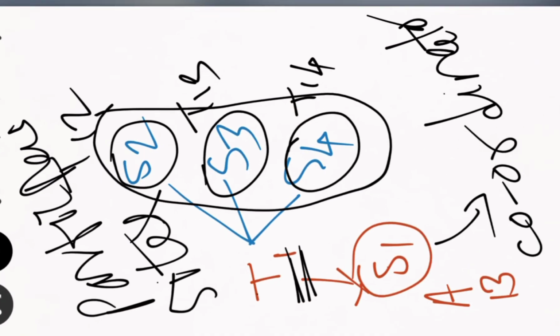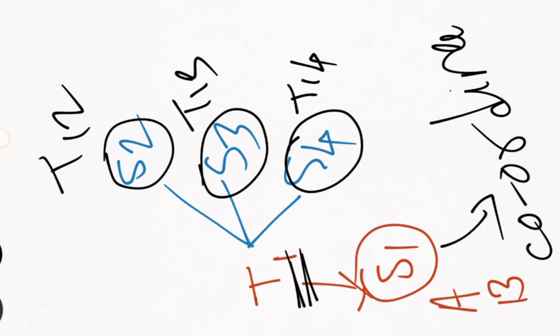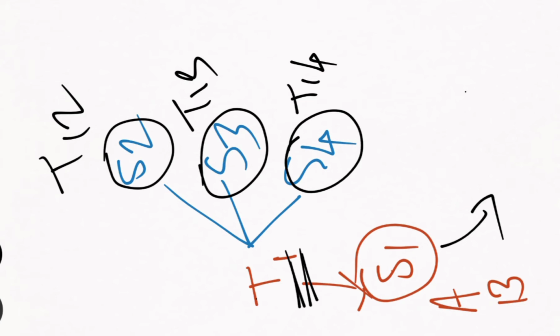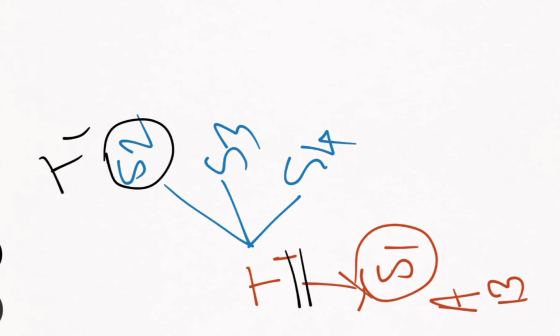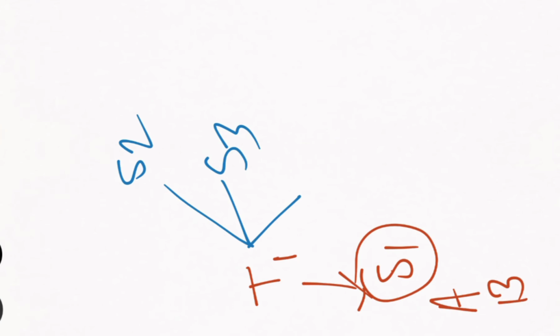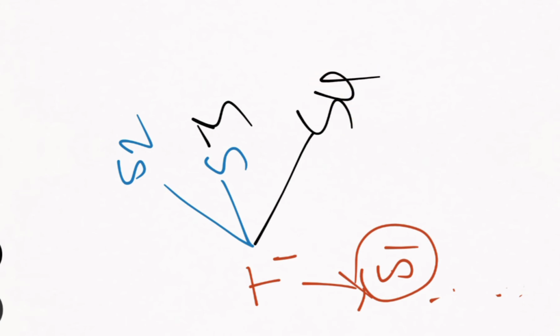You can see here we have the participating site and the coordinator site. Before that, whatever sites we have, site S1, site S2, S3, S4, all these sites have their own transaction manager.